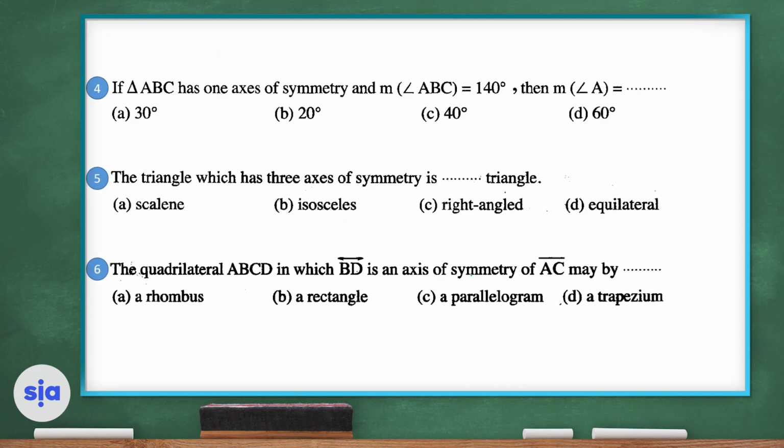If triangle ABC has one axis of symmetry and the measure of angle ABC is equal to 140 degrees, then the measure of angle A is 20 degrees. Question 5. The triangle which has three axes of symmetry is the equilateral triangle. Question 6. The quadrilateral ABCD, in which BD is an axis of symmetry of AC, may be a rhombus.